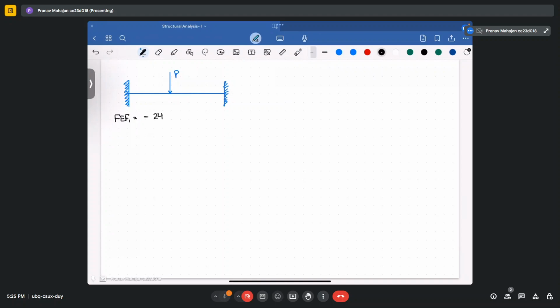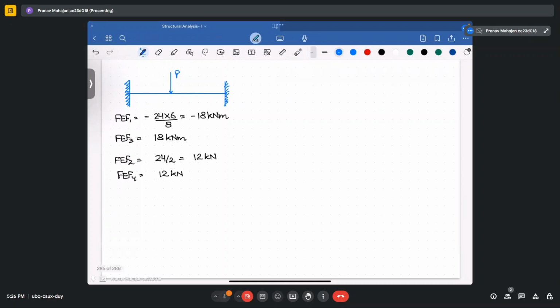So minus 24 into 6 divided by 8. So this value is minus 18 kilonewton meter. Your FEF 3 will be 18 kilonewton meter. And FEF 2, due to the reaction force, it would be equal to P by 2, and that would be equal to 24 upon 2, 12 kilonewton, and your FEF 4 would also be equal to 12 kilonewton.